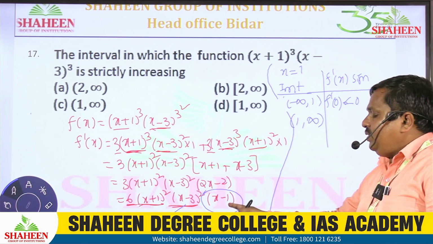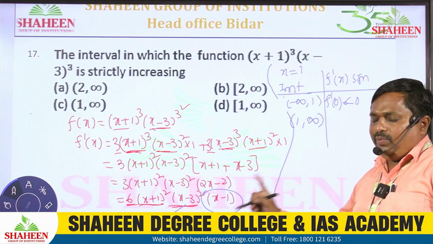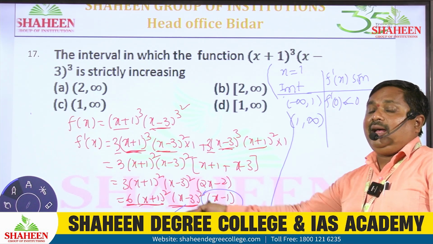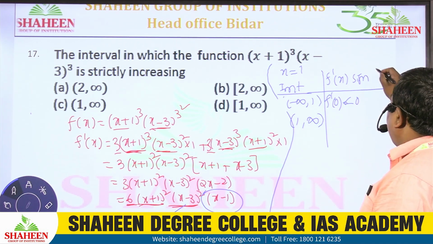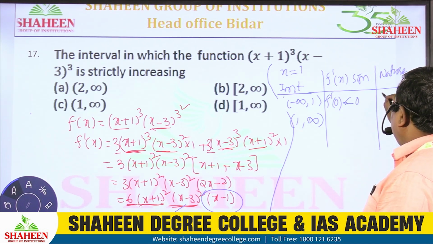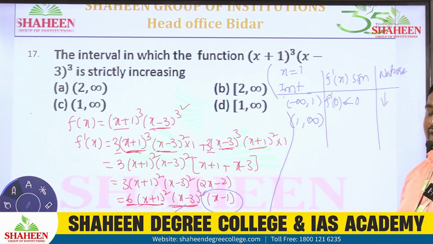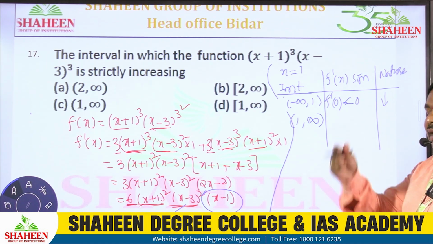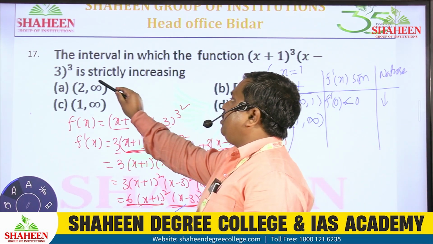The derivative is less than 0 if you take x equal to 0, because 0 minus 1 is minus. If the first derivative is negative, then the function is strictly decreasing. But what is being asked is strictly increasing.